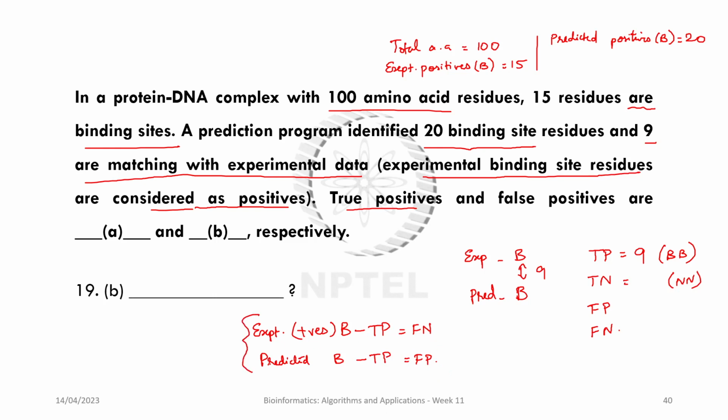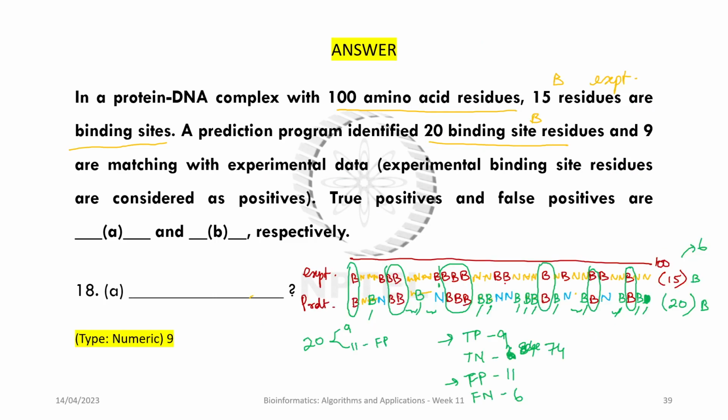I'm giving this out as an expression. When you think about it, wherever you have B's in experiment, subtract it with true positives where there are matching B's in both cases. Maybe I can use this diagram.